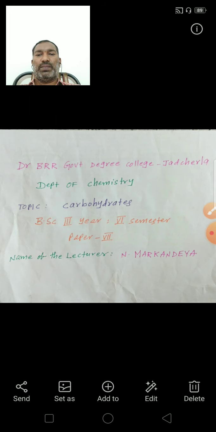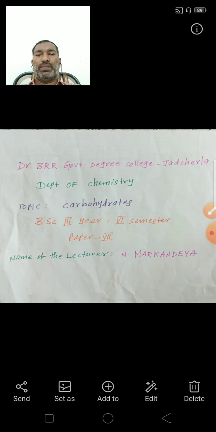The open chain structure of glucose contains 4 chiral carbons, so according to the 2 to the power of 4 formula, 16 optical isomers are possible. Of the 16, 8 isomers have dextro rotation and the remaining 8 have minus or levo, anti-clockwise rotation. This open chain glucose structure shows an optical rotation of plus 52.7 degrees.